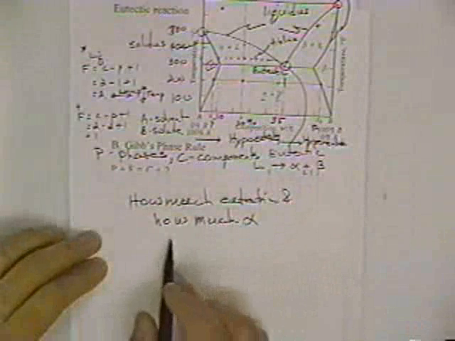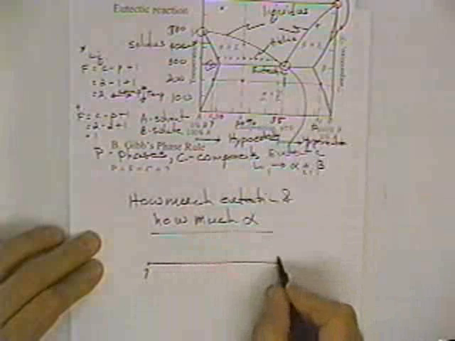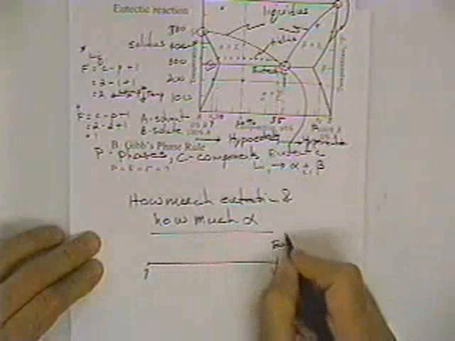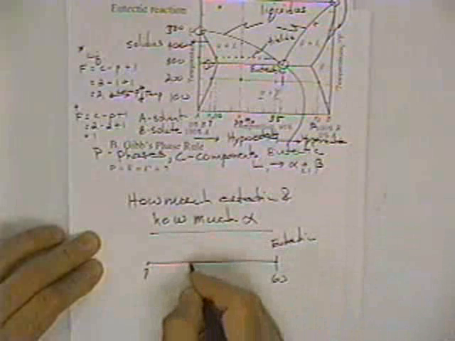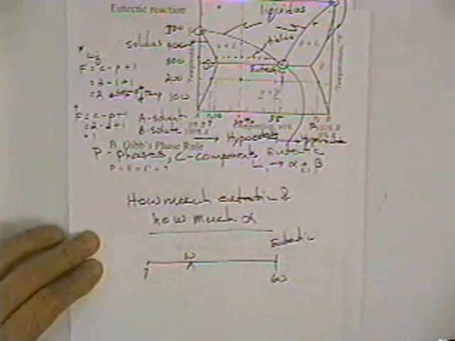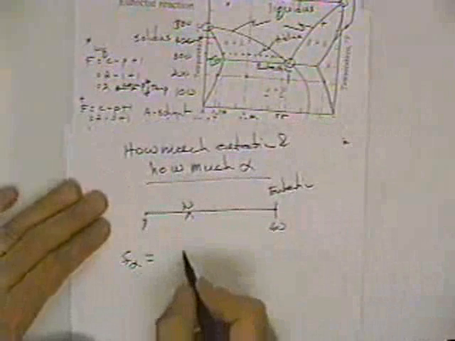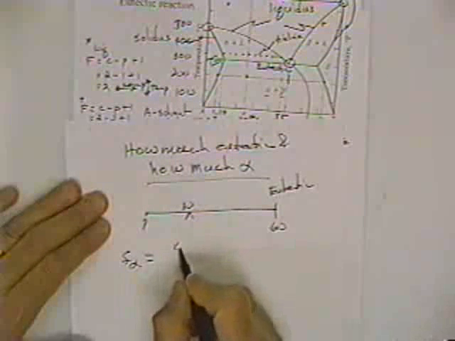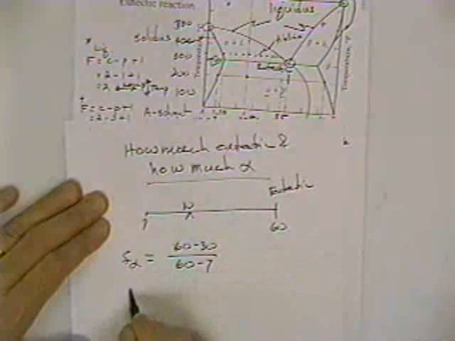So if we wanted to know how much eutectic and how much alpha, then our tie line goes from 7 to the eutectic, which we said was 60, and we're here at 30. So the fraction of alpha is going to be equal to 60 minus 30 over 60 minus 7.